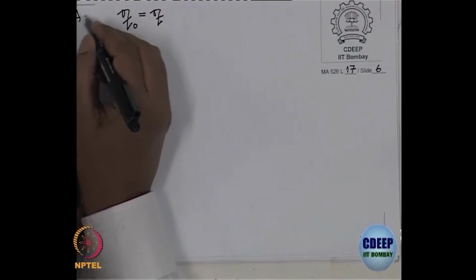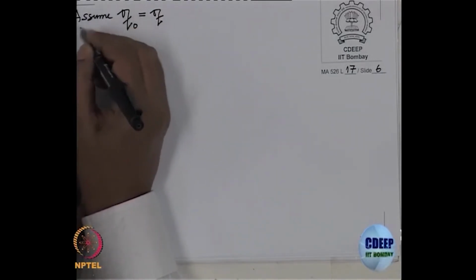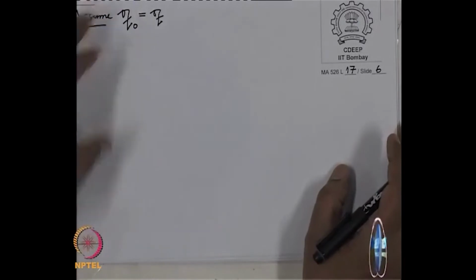So assume Q naught is Q. This is really simple. I might have goofed it a little bit, but when you think about it, if Q naught is strictly smaller than Q, then things are easier. Okay, now what do you want to prove?